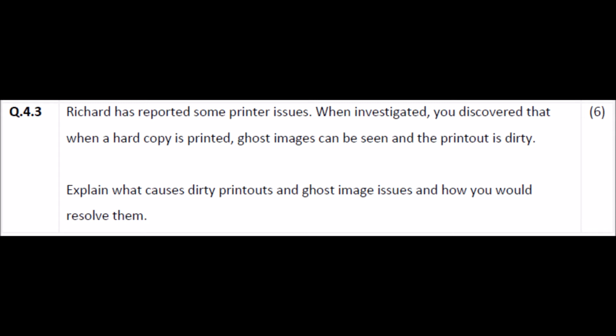And obviously, with dirty printouts, if you're looking at it from a laser platform, if the fusing mechanism is dirty, it will obviously leave a light dusting of toner all over the paper. And normally this is particularly the back of the page. And again, like I said before, the way of resolving these particular issues would be to get the printer appropriately cleaned. So this is troubleshooting your printers.